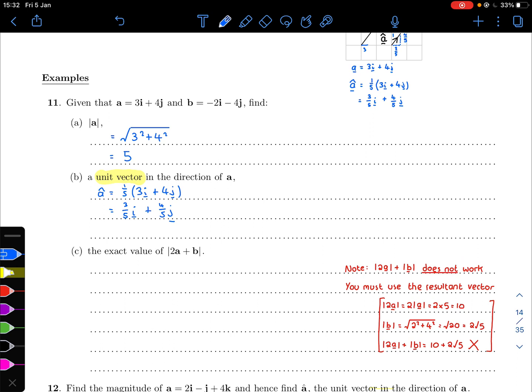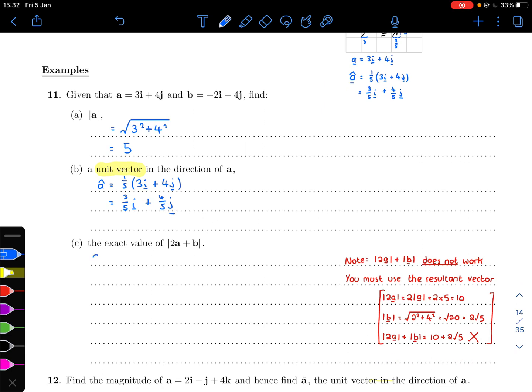And then we're asked for the exact value of the magnitude of this other vector, the vector that is 2a plus b. So first it'll be useful to have 2a plus b. So that will be, we could go straight to it, but I'll build up to it, 6i plus 8j plus negative 2i, negative 4j.